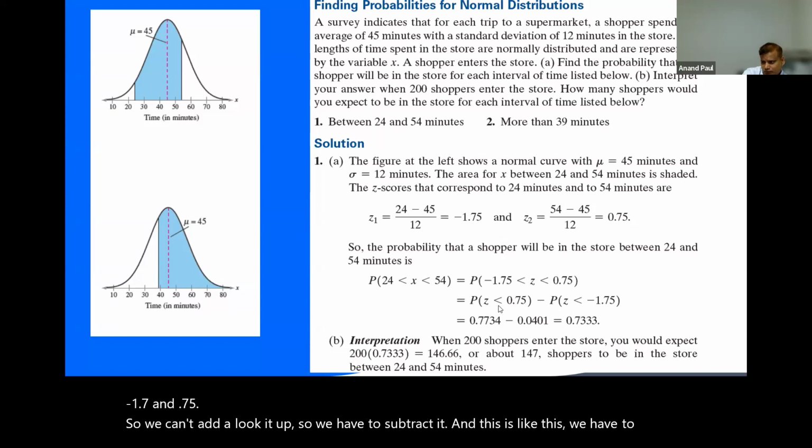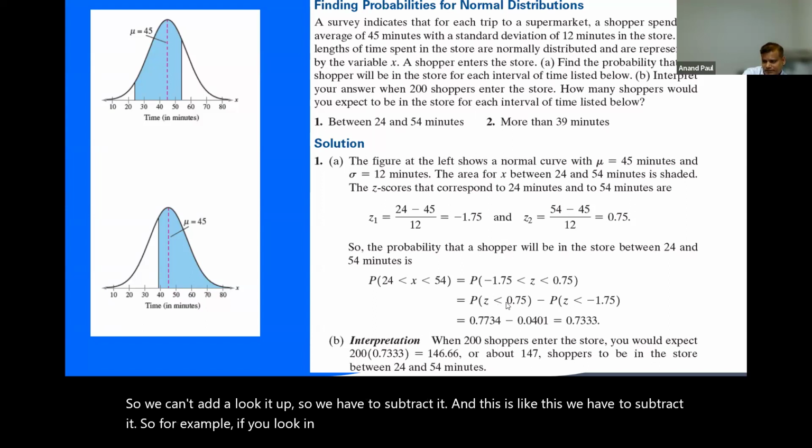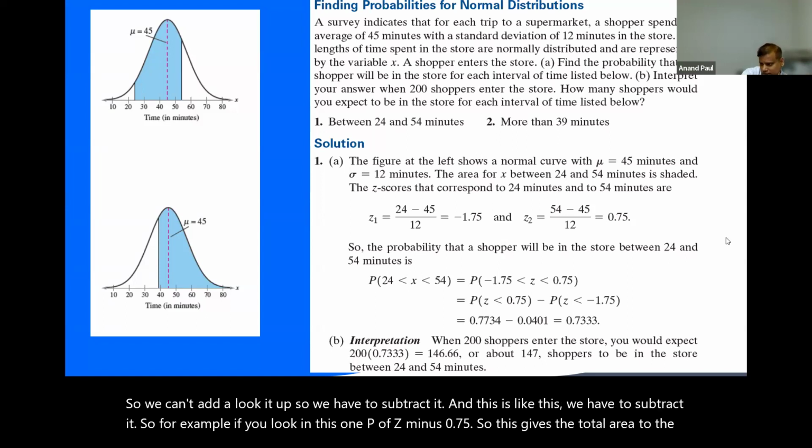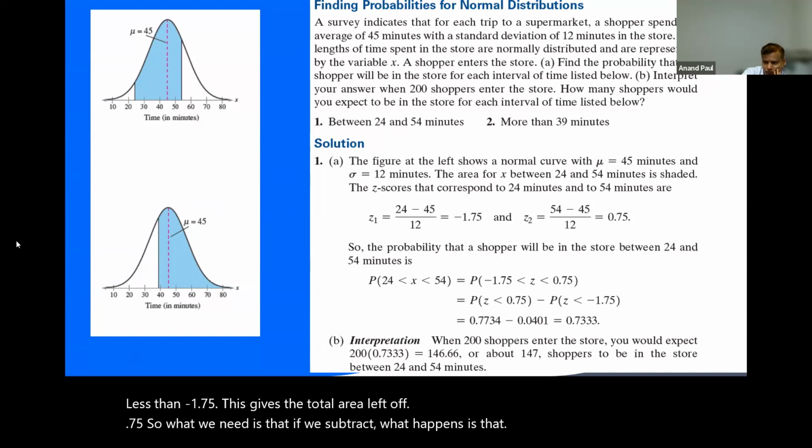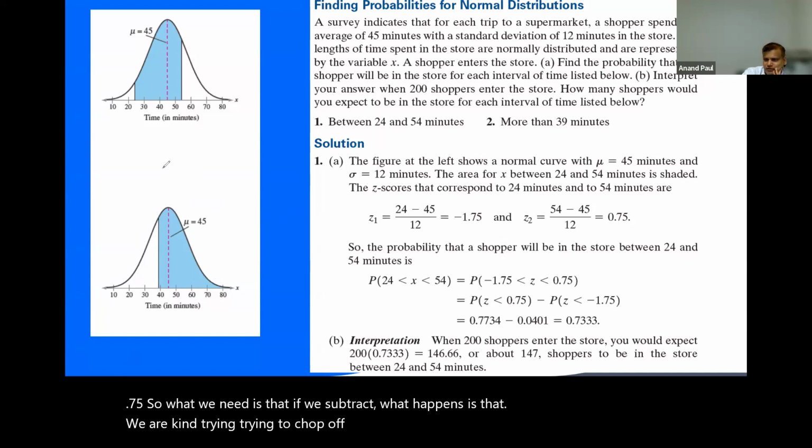So for example, if you look at this one, P of z less than 0.75, this gives the total area to the left of 0.75 in a curve. And the same way, if you look at this one, P of z less than minus 1.75, this gives the total area left of minus 1.75. So what we need is, if we subtract, we are trying to chop off the left chunk to make it easily viewable for us.